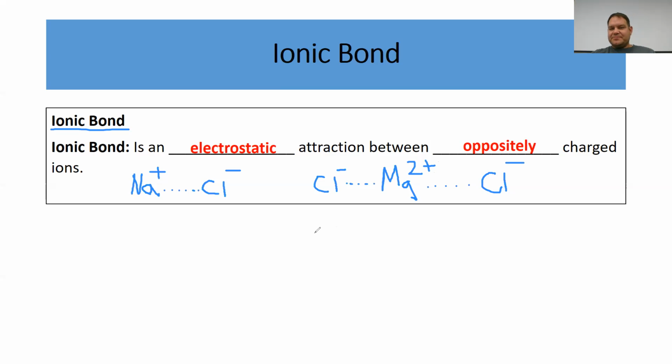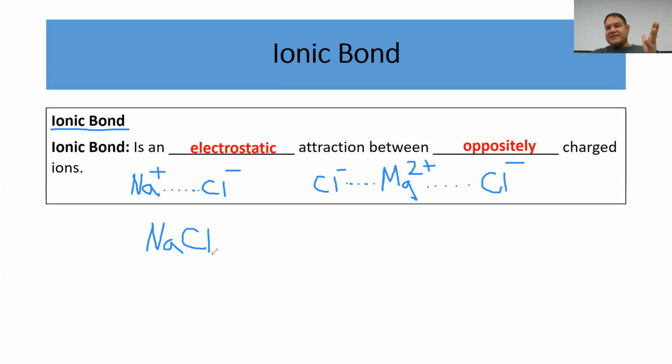Now, to simplify all this ionic bonding down, we typically write a formula, okay? So for sodium chloride, we would write a formula of NaCl. We typically drop the charges, indicating that we have a good balance of positive and negative.